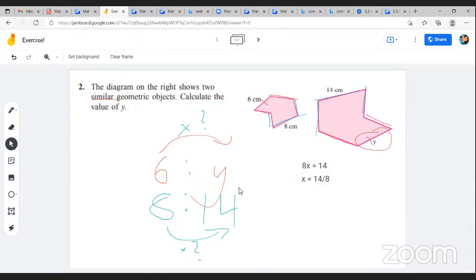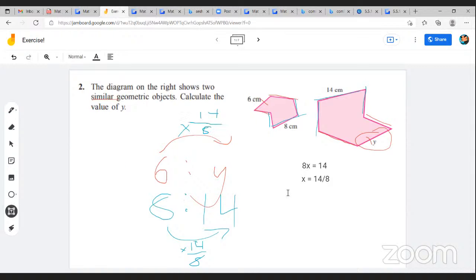So now we know that the multiplier is equal to 14 divided by 8, or 14 over 8, basically. And over here, it would be the same thing, 14 divided by 8 as well.